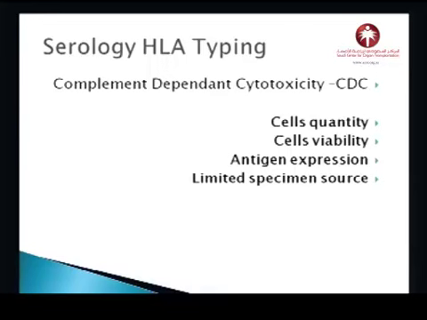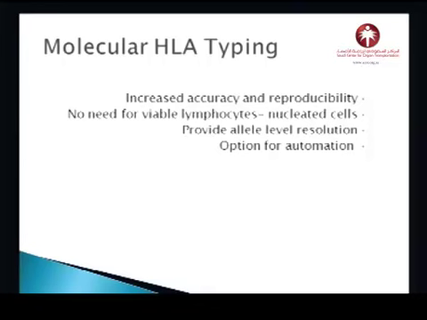Since the beginning of the 1990s, we started to develop newer molecular-based HLA typing techniques, which increase the accuracy and reproducibility of the HLA typing. There are also significant advancements of the molecular techniques that provide you with allele level resolution and maybe higher resolution.